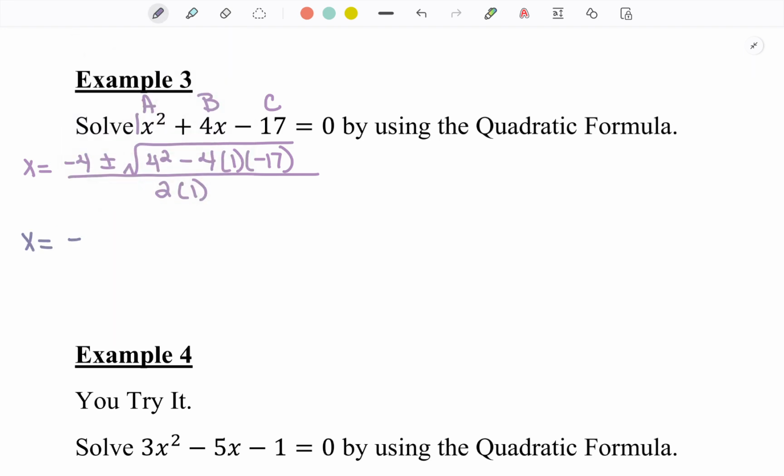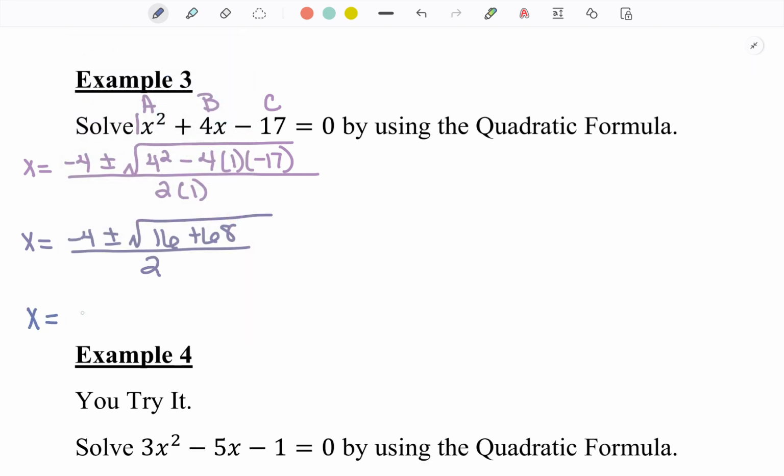So we have x equals negative 4 plus or minus the square root of 16. And then our negative 4 times 1 times negative 17 gives us 68. And that's over 2.